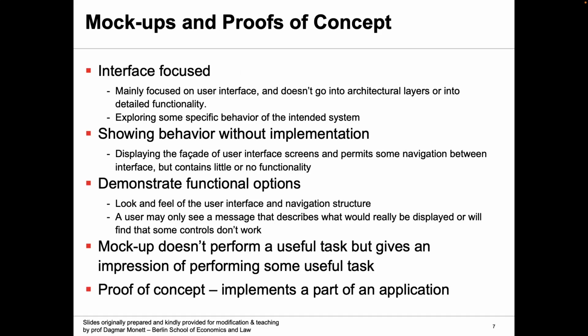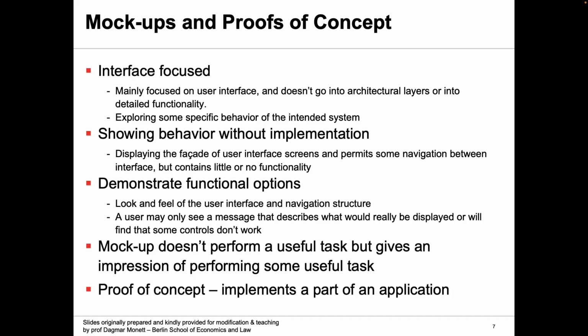The agile approaches often rely on the user interface mockup. So it says here that they are interface focused. They mainly focus on the user interface. It doesn't go into the architectural layers or into detailed functionality, right? It explores some specific behavior of the intended system.